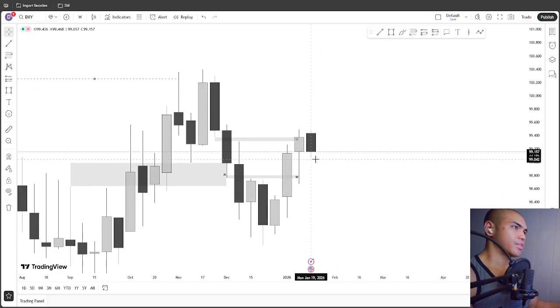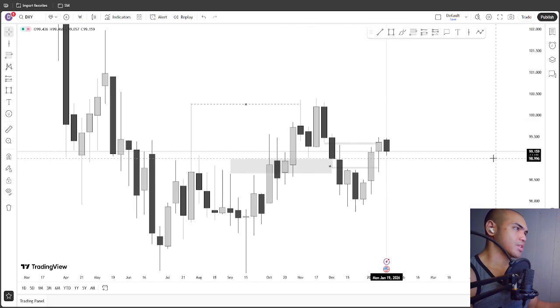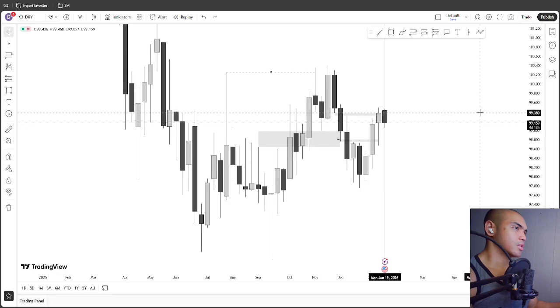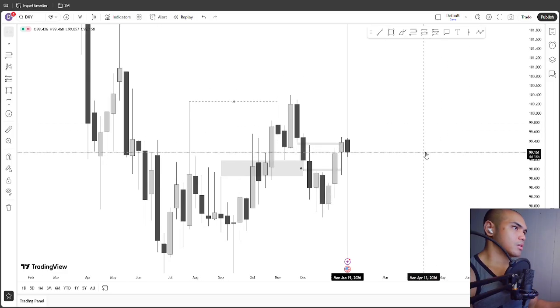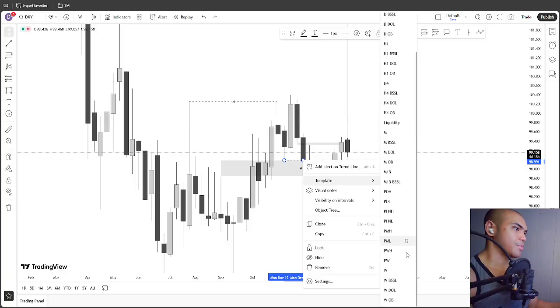So let's see if this last week's candle will continue to push the price higher for the dollar index. So you can see, weekly bias is actually bullish. Currently, the weekly structure is bearish.